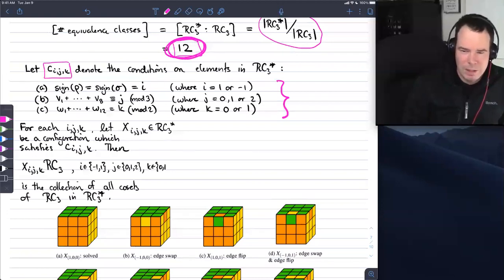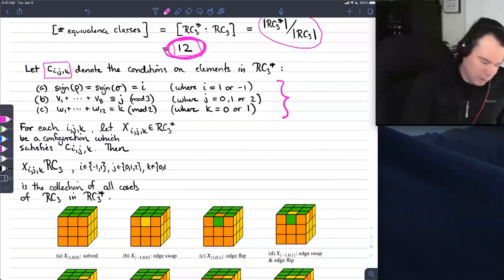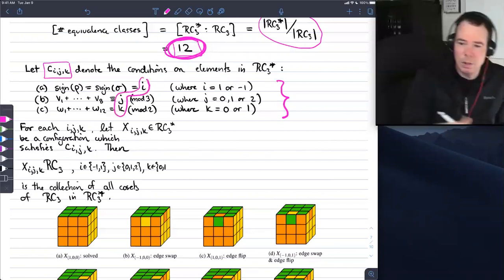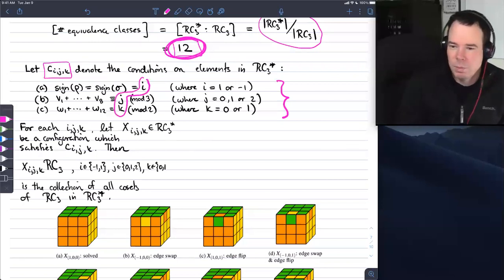J being 1 means that the sum of the orientation vectors of the corners is 1, not 0. And K being 0 means that the sum of the orientations of the edges is 0. So I'm just going to let these numbers be whatever they are. When you reassemble the cube, they're just whatever they are. I is 1 or -1, J is 0, 1 or 2, K is 0 or 1.